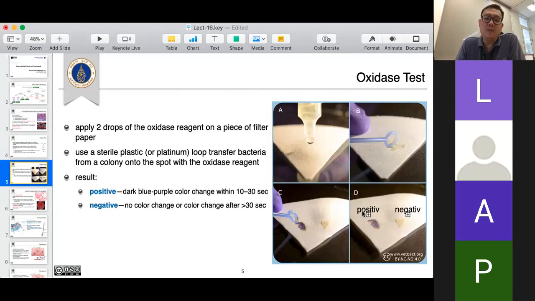The positive is called when the purple color forms within, depending on the paper, 10 to 30 seconds. Some say within 1 minute, that's okay. If they never develop the purple color, that means oxidase negative because the reagent never transferred electrons to cytochrome C oxidase. They probably have no cytochrome C oxidase. Okay.